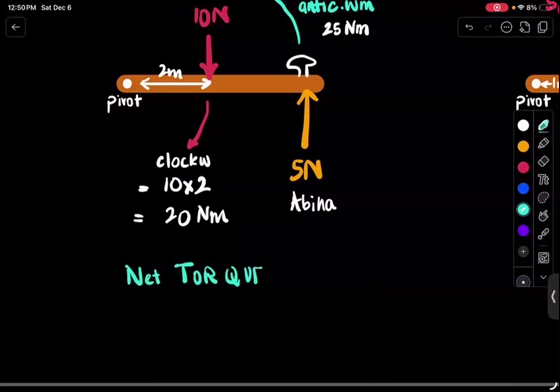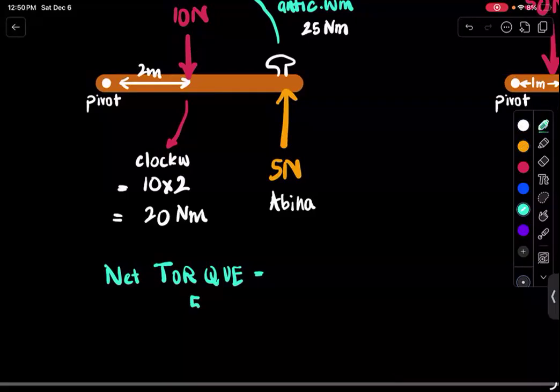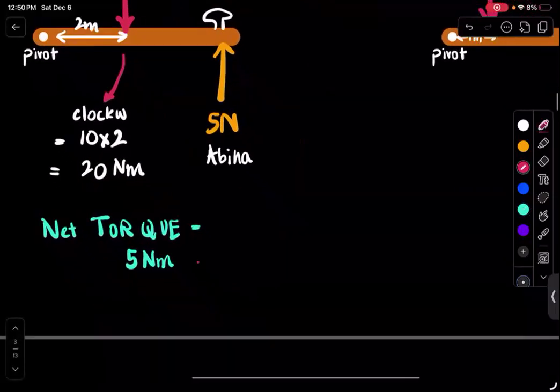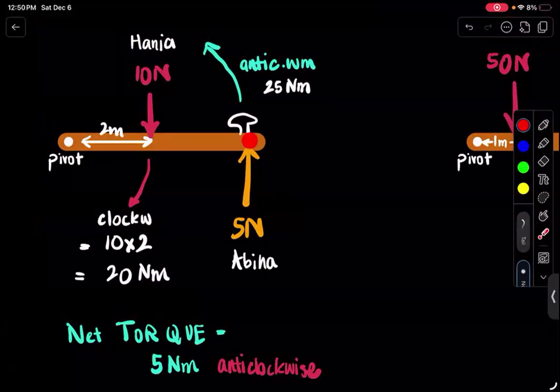The net torque is going to be 5 Newton meters, but in which direction? Anti-clockwise. Why? Because the force or moment due to Abiha is much greater than the moment due to Hania.